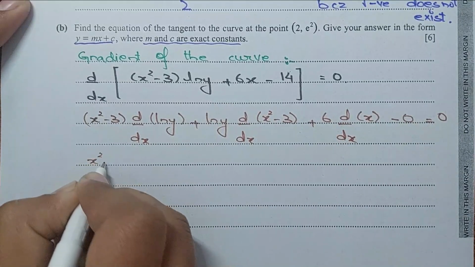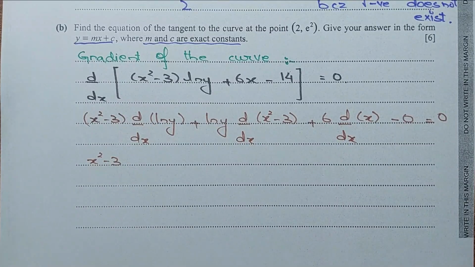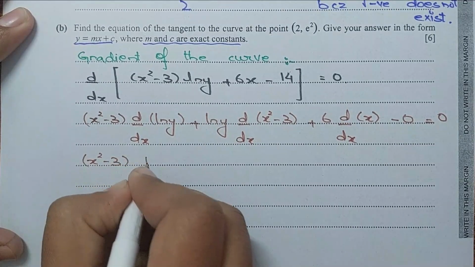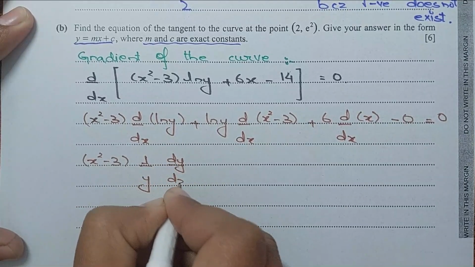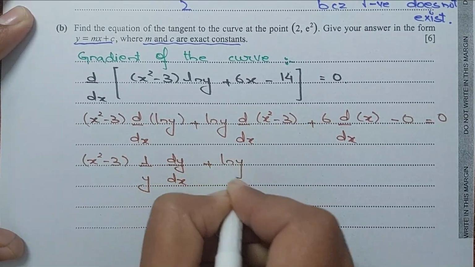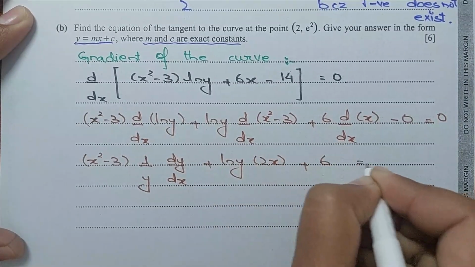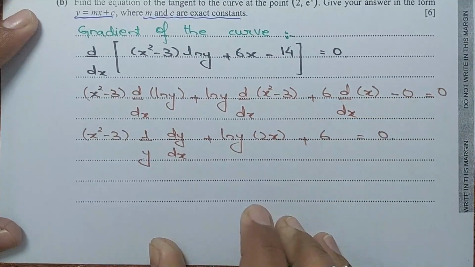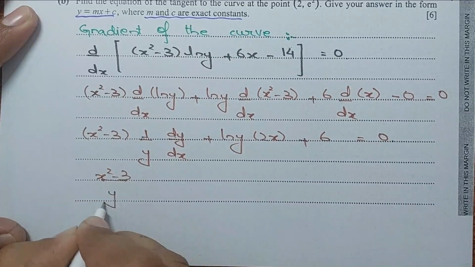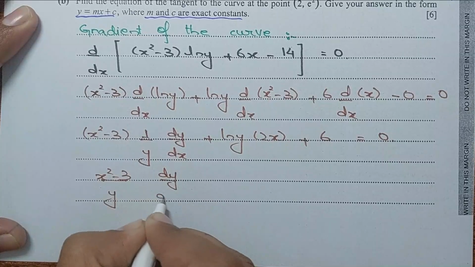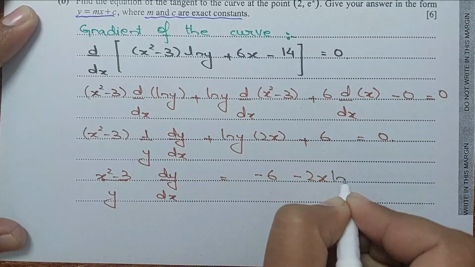So here we have (x² minus 3), the derivative of ln y is 1 over y dy/dx, plus ln y as it is, times the derivative 2x, plus 6 equals 0, because dx/dx is just 1, right? Okay, (x² minus 3) over y times dy/dx equals minus 6 minus 2x ln y.